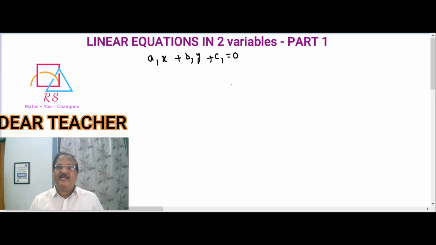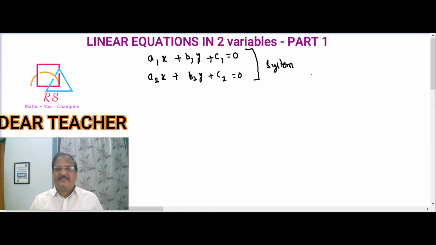This is the standard form of a linear equation. The constant is on the left side. Some people will write the constant on the right side. Don't get confused, both are fine. This is the first equation. The second equation is a2x plus b2y plus c2 is equal to 0.